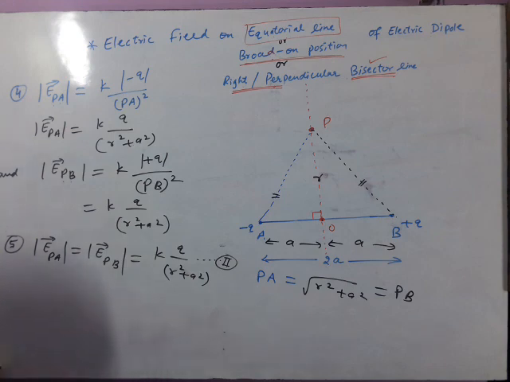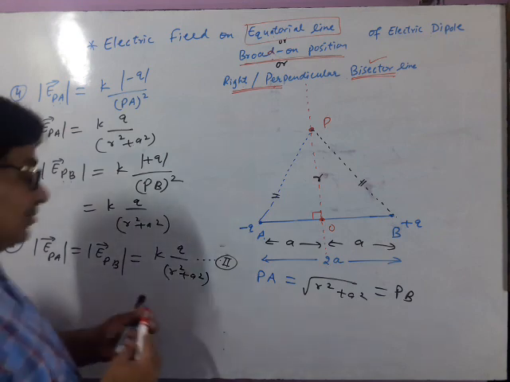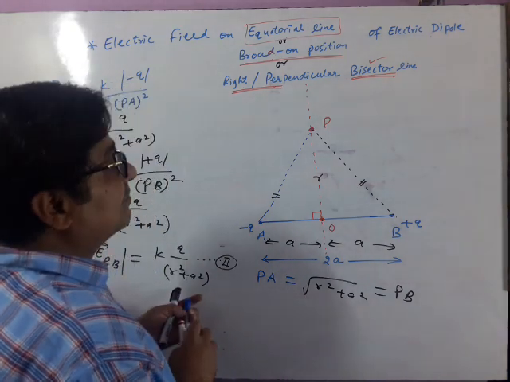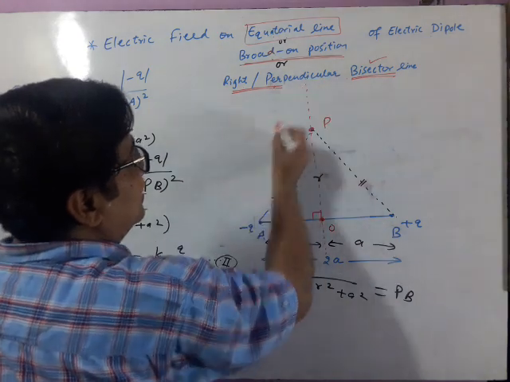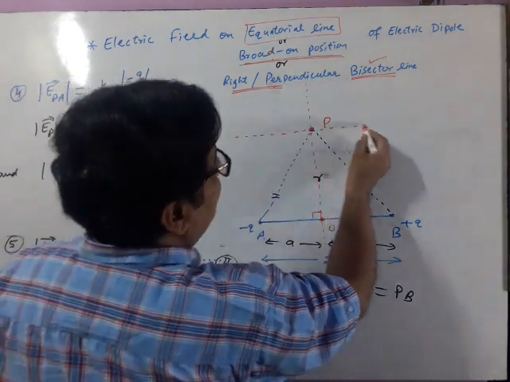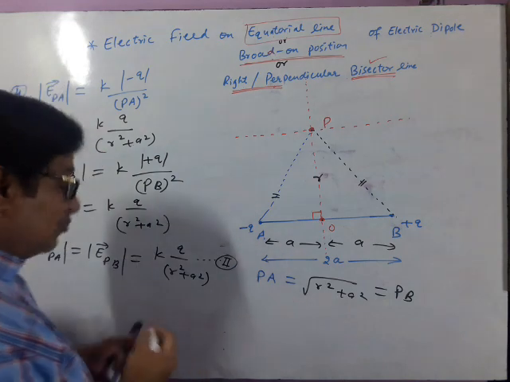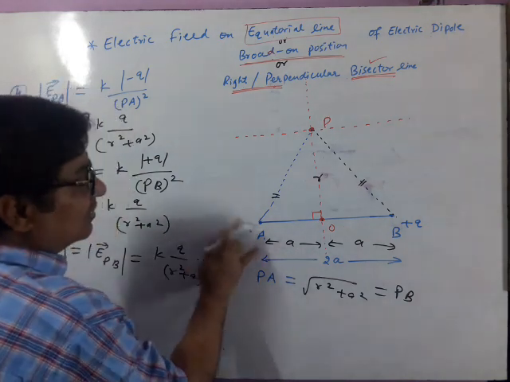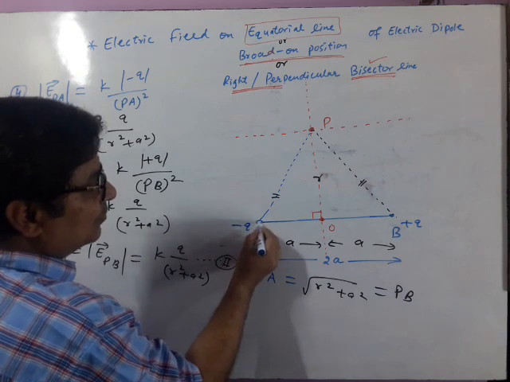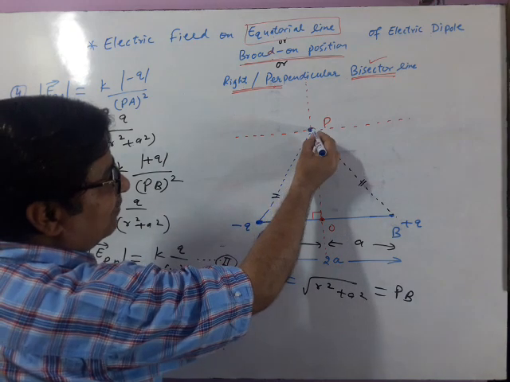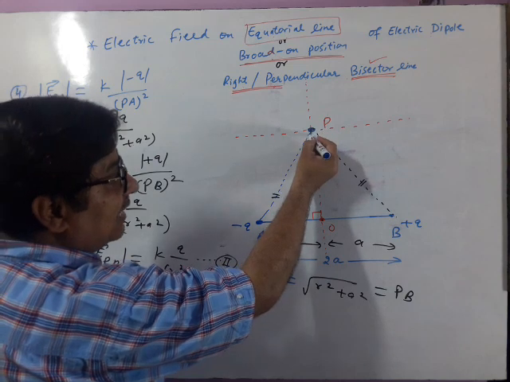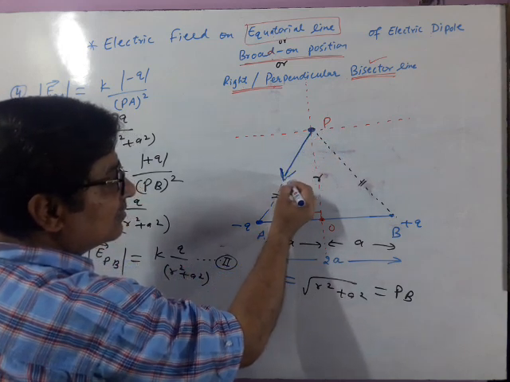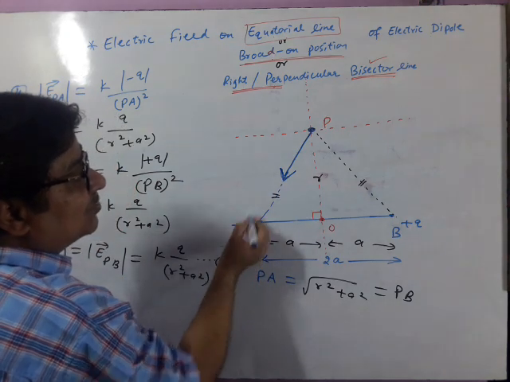Now focus on directions. It is radially outward or radially inward. See, this is y direction, this is x direction. But radially outward or radially inward along the line joining, for this minus q, direction of electric field at P will be radially inwards along the line joining, towards this negative charge, minus q charge.